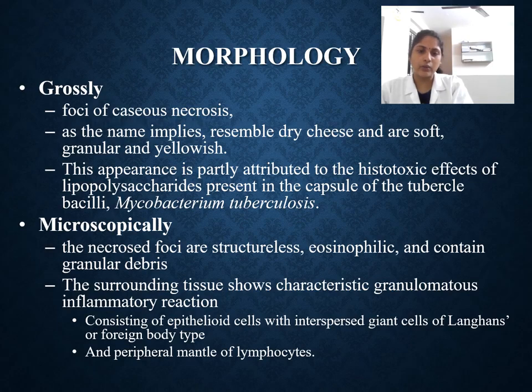Microscopically, the necrosed foci are structureless, eosinophilic, and contain granular debris. The surrounding tissue shows characteristic granulomatous inflammatory reaction, which consists of epithelioid cells with interspersed giant cells of Langhans and or foreign body type, and a peripheral mantle of lymphocytes.